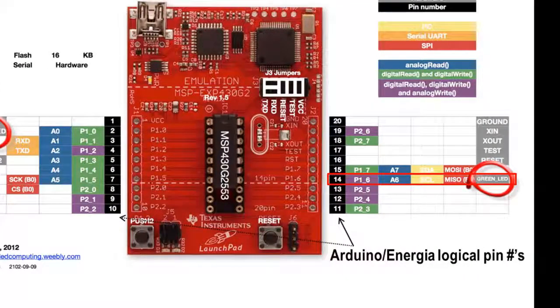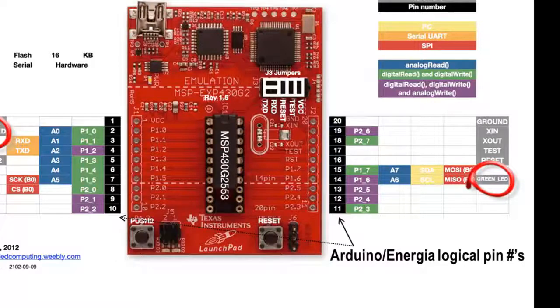The outermost column of the little tables next to the board represents the hardware. So you can see the green LED is connected to pin 14. And I like it because the Launchpad has these header connectors, and they do a nice job of silk screening on the board itself.